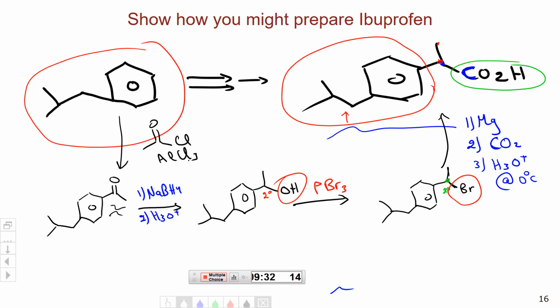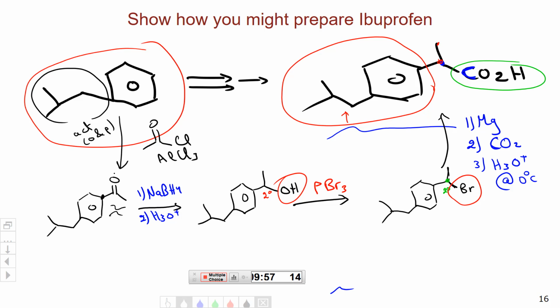There shouldn't be a deactivating meta-director on the benzene ring. This here is an activator, an ortho, para-director, so it's not part of the limitation. It can direct this C=O CH3, and one of the products has that aryl ketone on the para position. And this is why this reaction will take place as is.